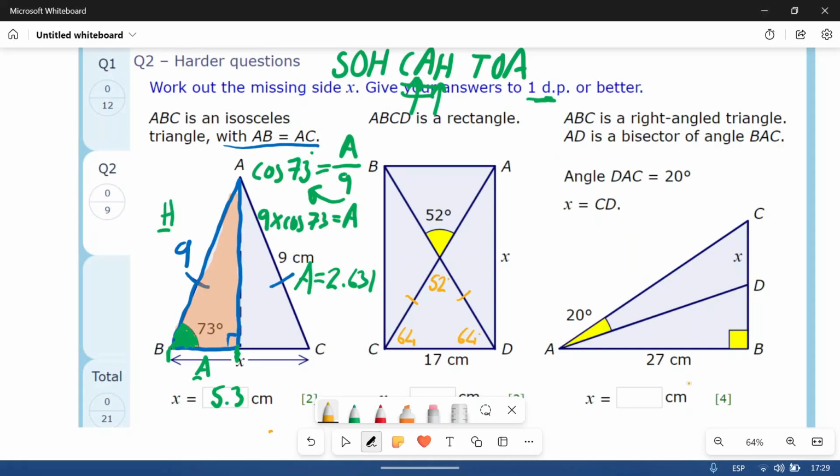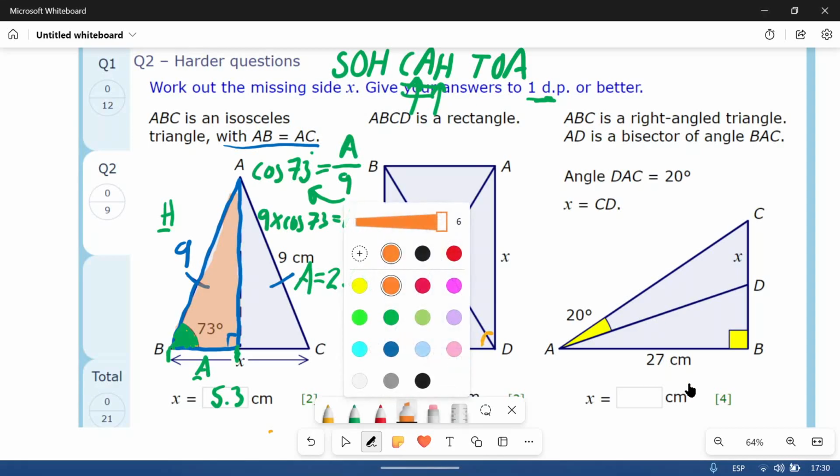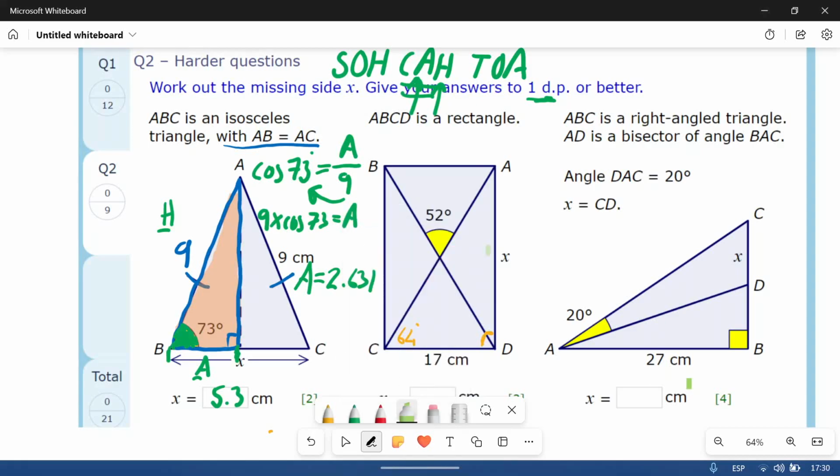So, all we really need is one angle in a right angle triangle. In this case, we don't really need this one or this one. What we need here is this triangle, which is a right angle triangle. Let's shade it in.